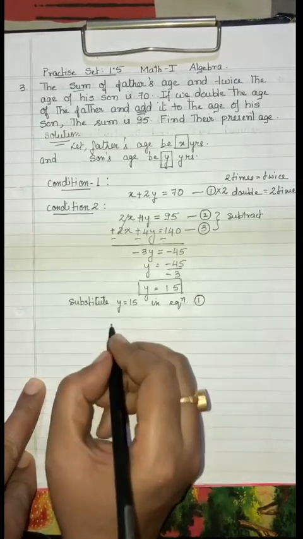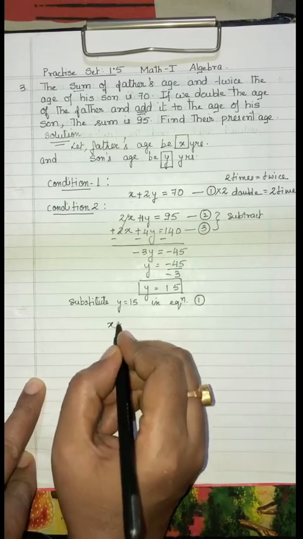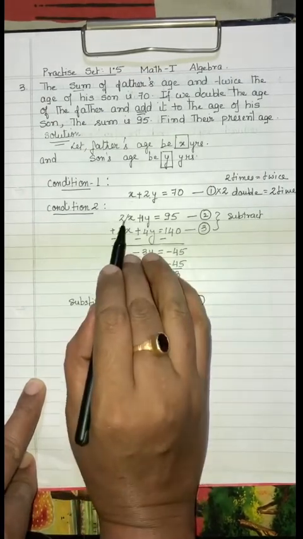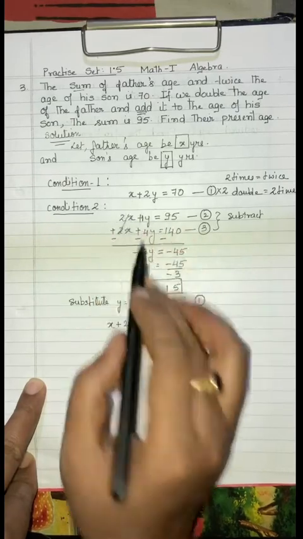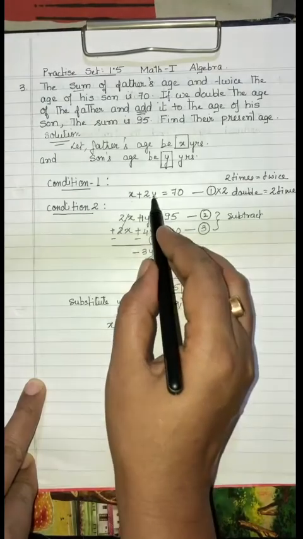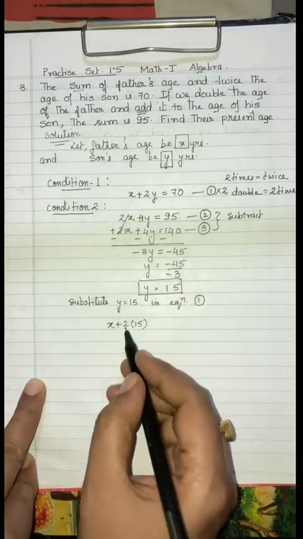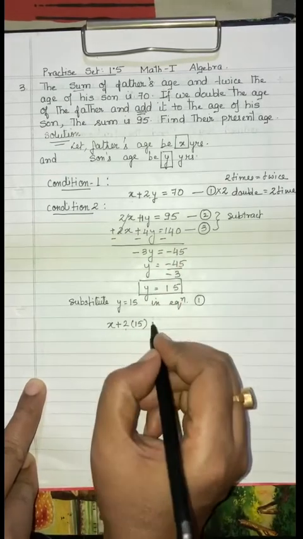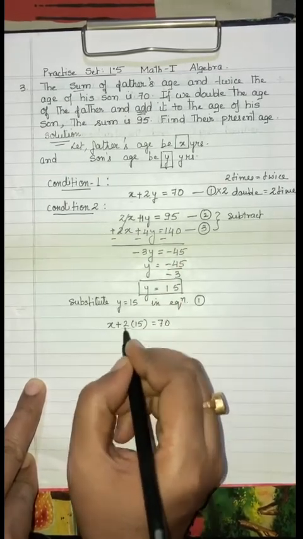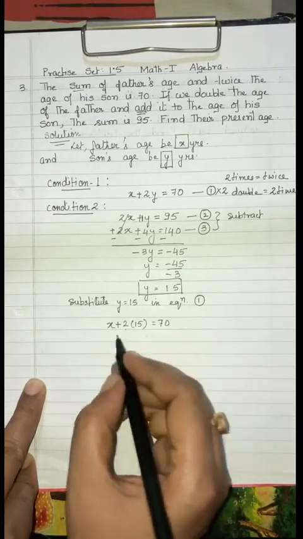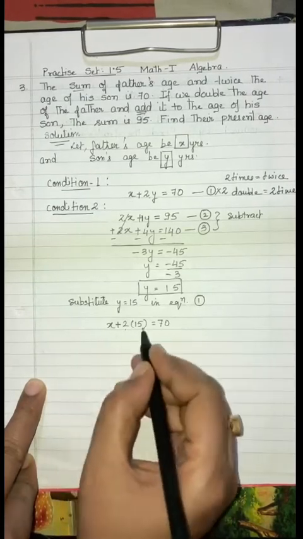Okay, so what do you get? x plus 2 into 15, in the 1 I am putting, children, x as it is, plus as it is, 2, and in the brackets 15 because they are being multiplied with each other. So 2 multiplied by 15 is equal to 70. You can even put a multiplication sign. No need of brackets. It is not compulsory.